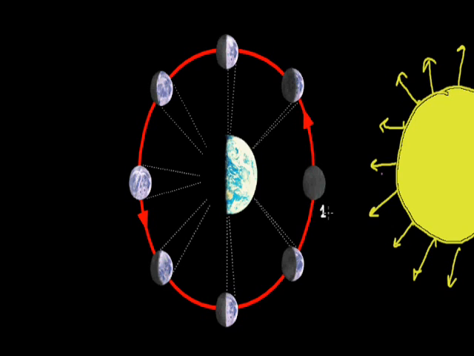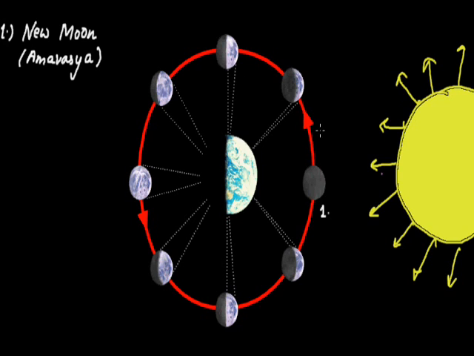This is position 1, and it belongs to that night when the moon cannot be observed from earth. So this is the condition which we call the new moon, and in Hindi this night is said to be the night of Amavasya.